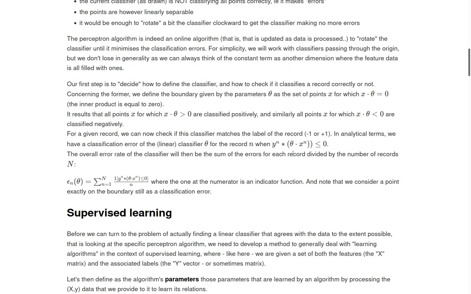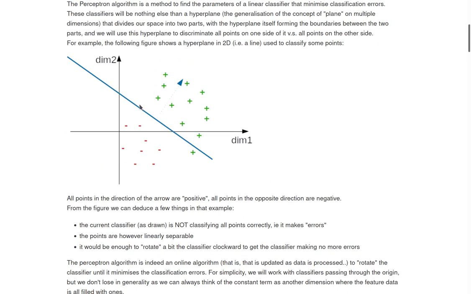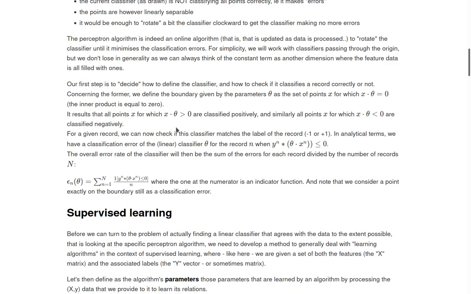We define here an error wherever this product is less than or equal to 0. That is it. When a point is exactly on the classifier, we consider it as still being an error. At this point, we can do this for all the points and just count the number of errors and divide by the number of points.